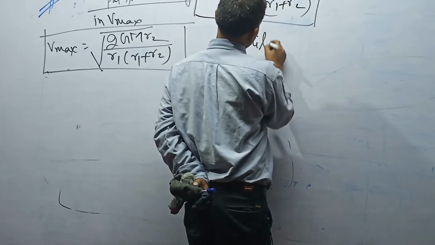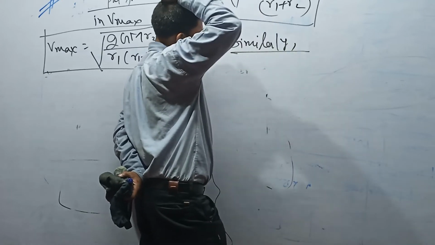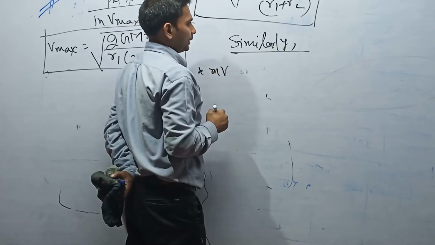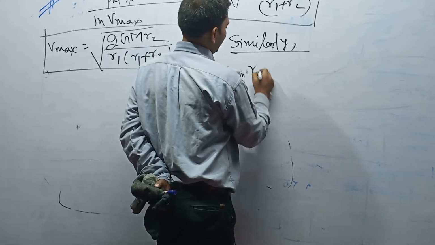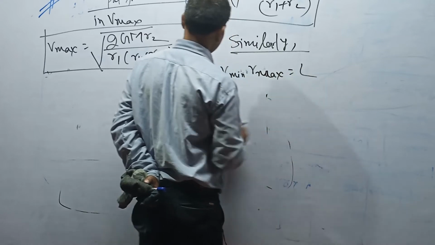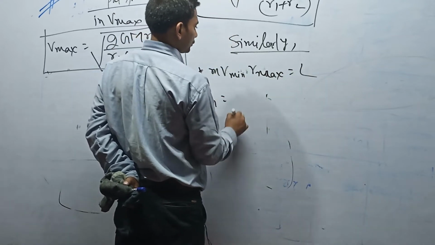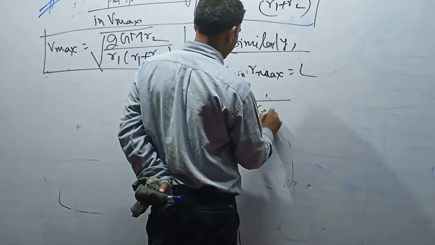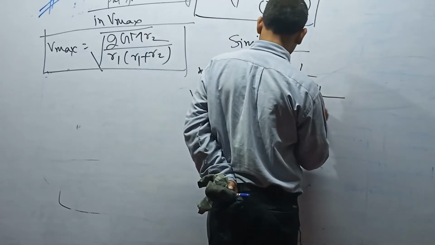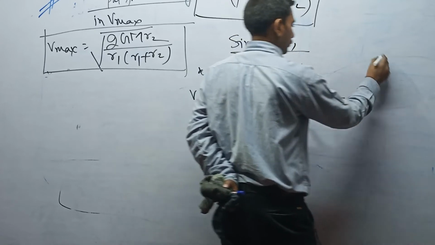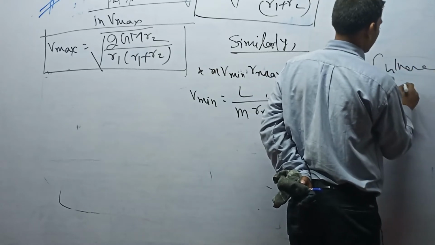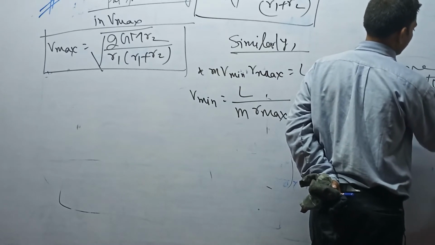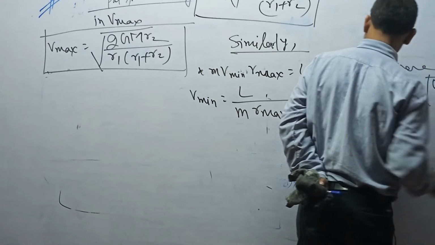Similarly, m V minimum R maximum is equal to L. So V minimum is equal to L upon m R maximum, L upon m R2, where L is equal to m under root capital G M R1 R2 upon R1 plus R2.